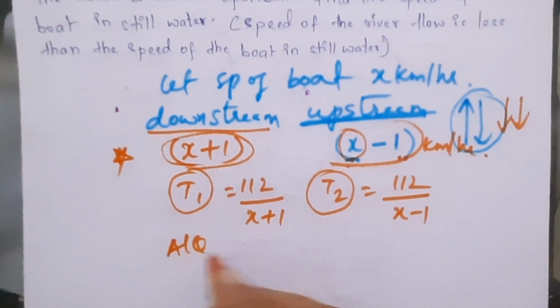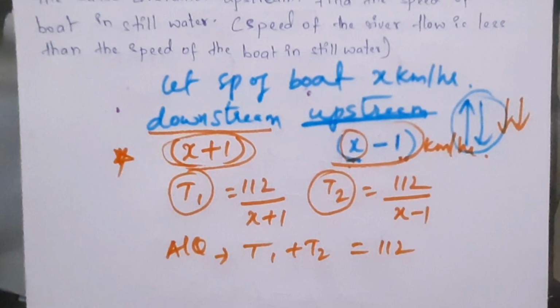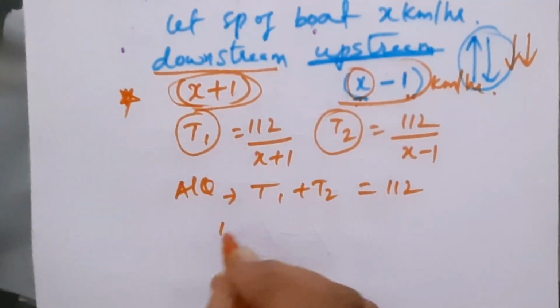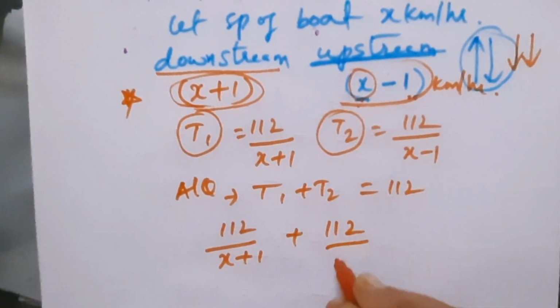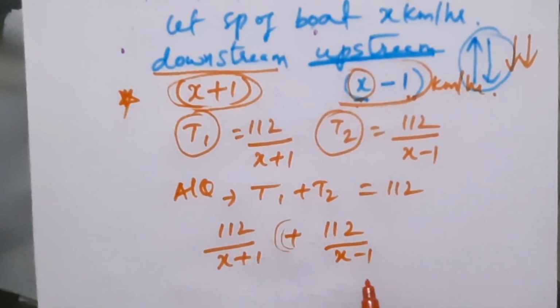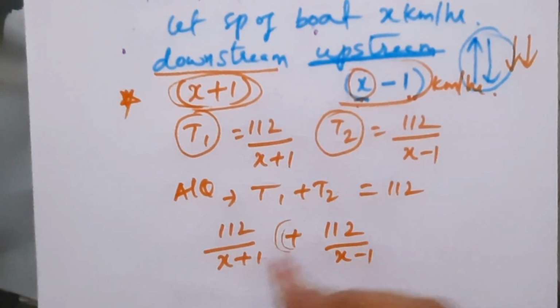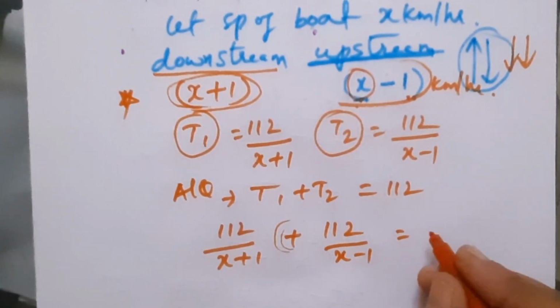So according to the question, T1 plus T2 is 15. That is 112 upon x plus 1 plus 112 upon x minus 1. As we are adding both the times, it doesn't matter whether we take x minus 1 first or x plus 1. You can write anything, as addition is there, so there will not be any sign difference.